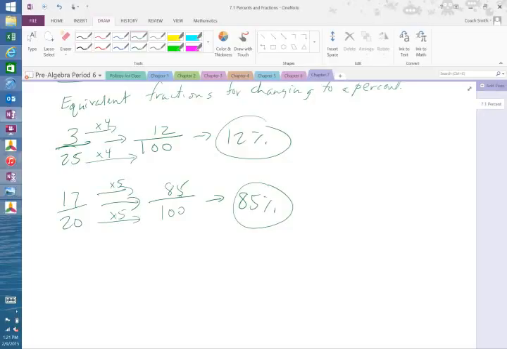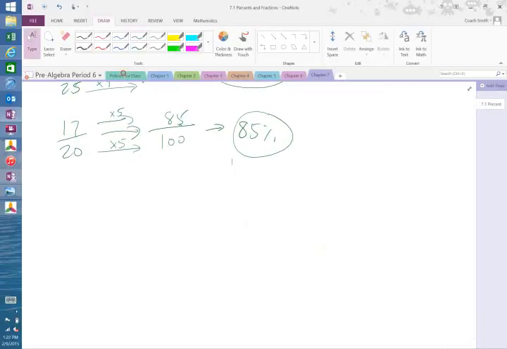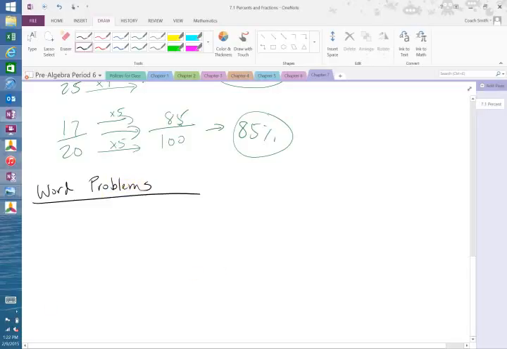Okay. Now, let's talk about percents and fractions with word problems. For example, number 24 says, you buy ice cream that contains 10% milk fat.